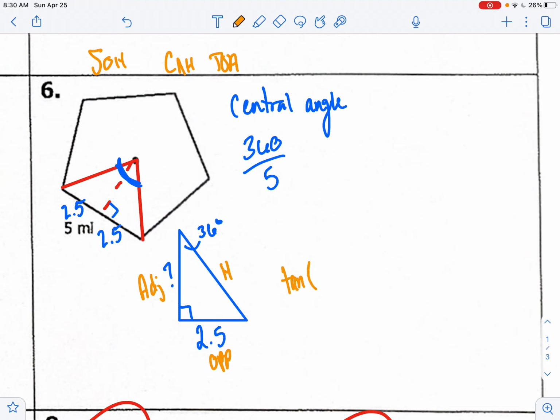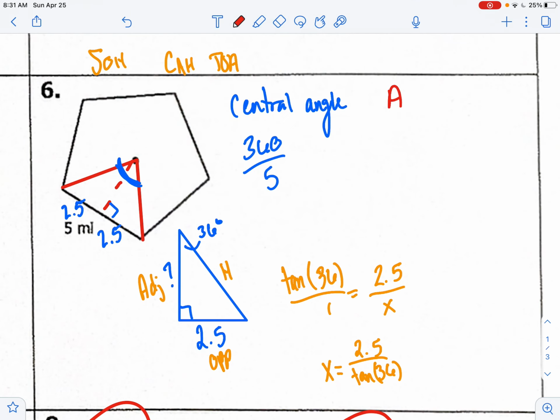So tangent of 36 equals opposite over adjacent, which means that adjacent side, the apothem, is going to end up being 2.5 divided by the tangent of 36. So that adjacent side would be 3.44.